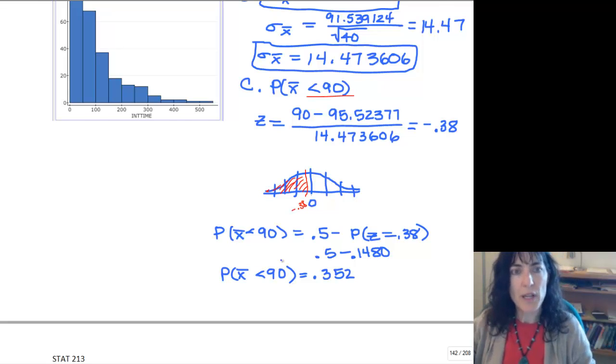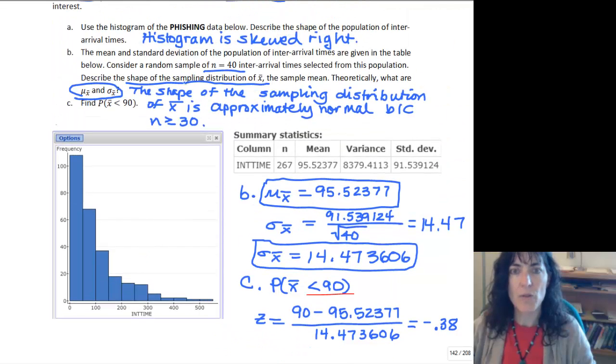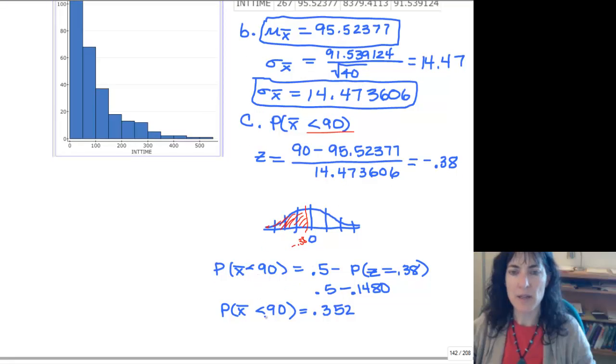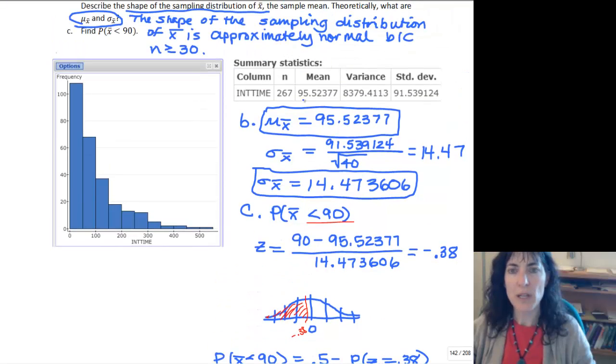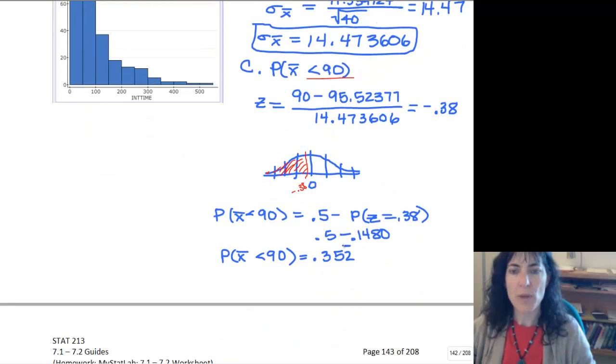And remember, we're talking about finding a large number of samples from our population that's described here, and we want to find the probability that our mean comes in less than 90. And remember, our actual mean is 95.52. So the probability that our mean, given the sample size of 40, comes in at less than 90 is going to be 0.3520.